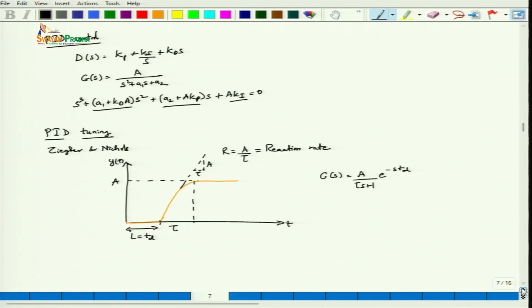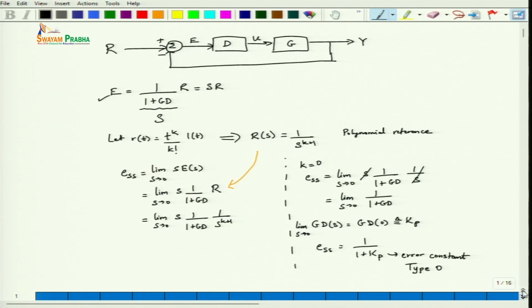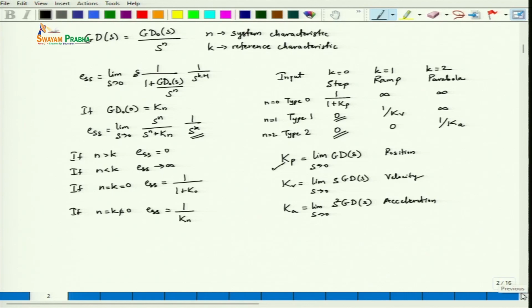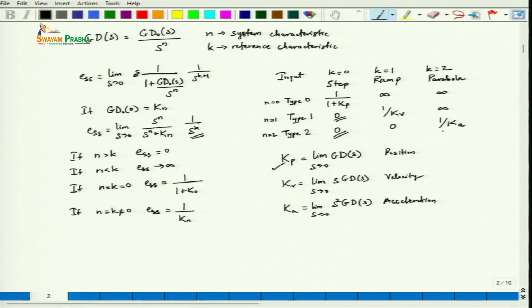And so in this lecture what we have done is we started with a closed loop control system and considered polynomial reference, and for different scenarios we identified under what conditions of the reference input and what type of a system will get zero steady state error, infinity steady state error, and a constant value of steady state error.